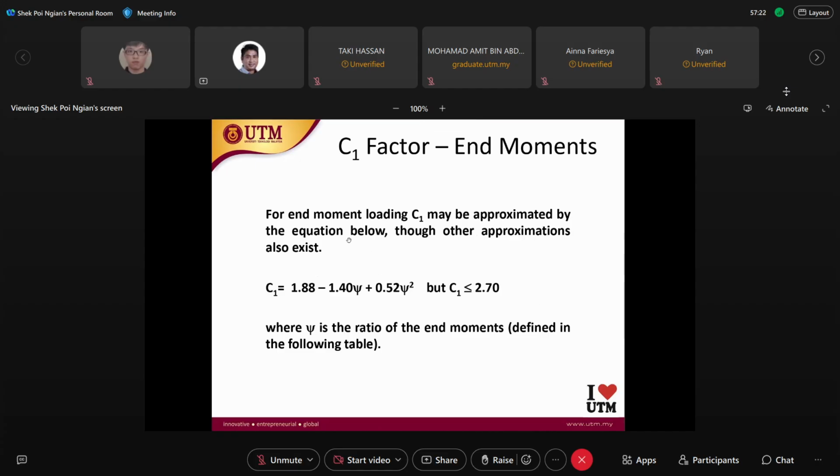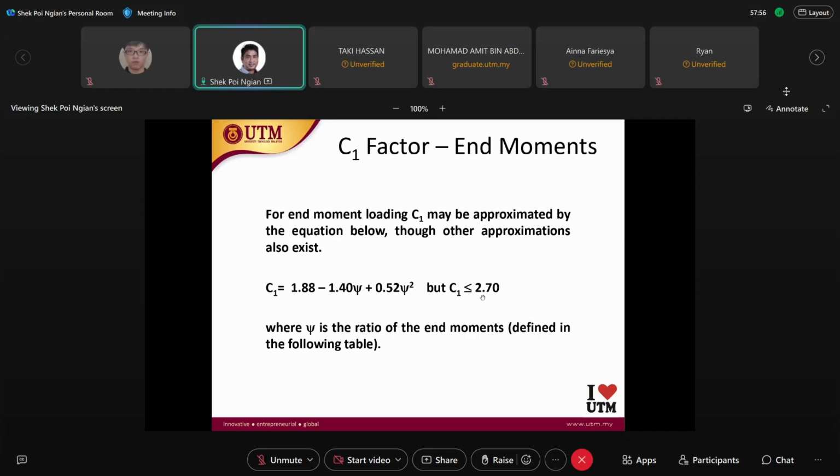C1 can be calculated using the formula 1.88 minus 1.4 times the ratio of end moments, and C1 cannot be more than 2.7.